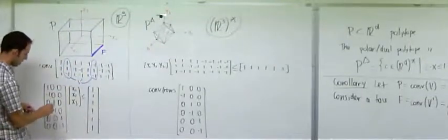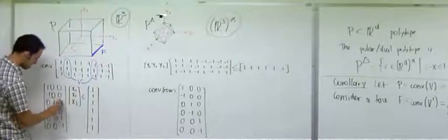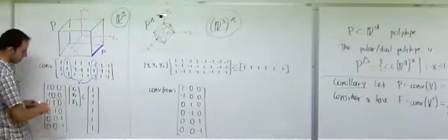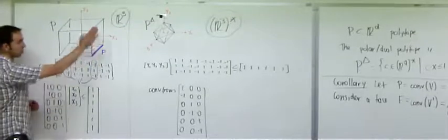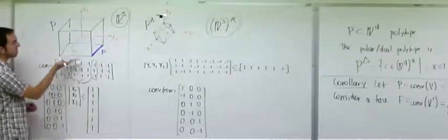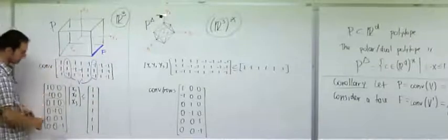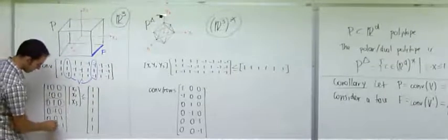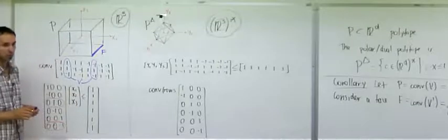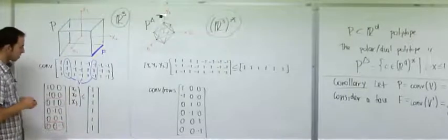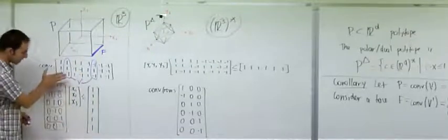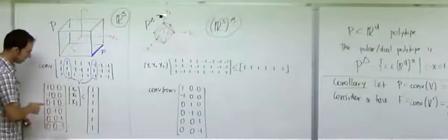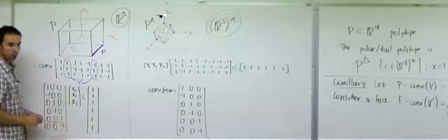So this is an inequality that actually becomes an equality. x2 is equal to 1 on this face, and x3 is equal to minus 1 on that face. In other words, minus x3 is equal to 1, okay? And so if I want to describe F, then I have to satisfy these inequalities, but some of them are going to become equalities. Okay?